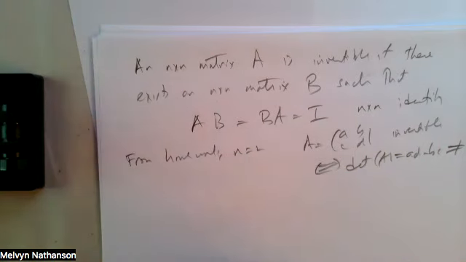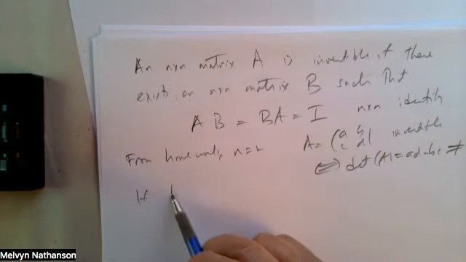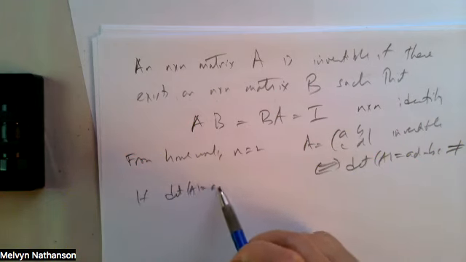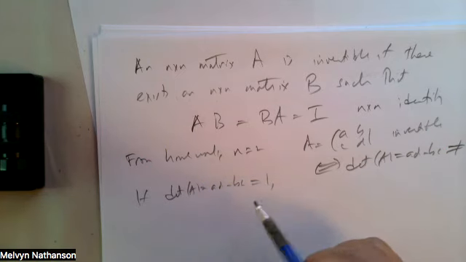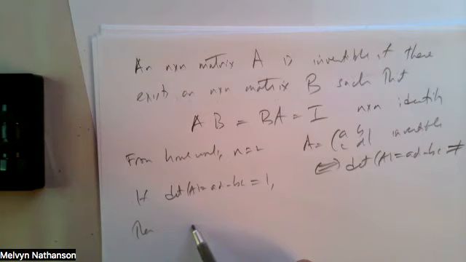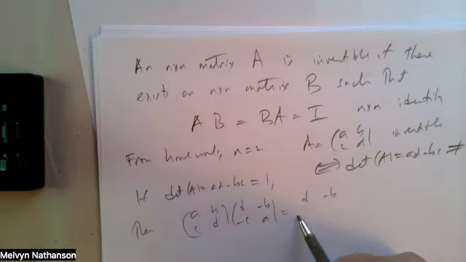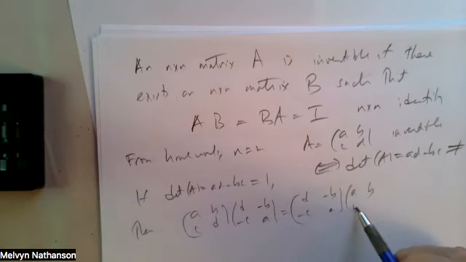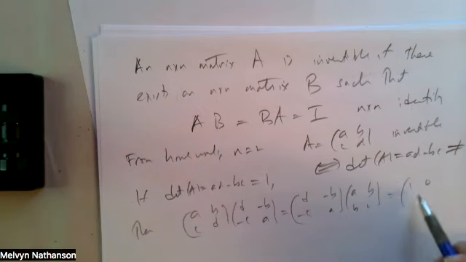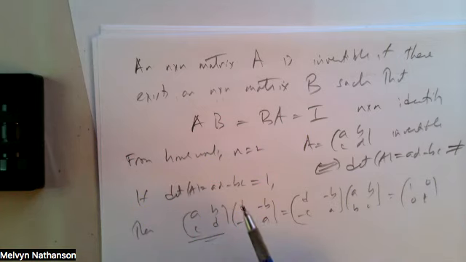And if the determinant of A, which is AD minus BC, is 1, which is not 0, then if we take the matrix A, B, C, D and multiply it by the matrix D, minus B, minus C, A, or do this in the opposite order, if you do this multiplication, you see you get the identity. So the matrix ABCD, if AD minus BC is 1, certainly has this inverse.